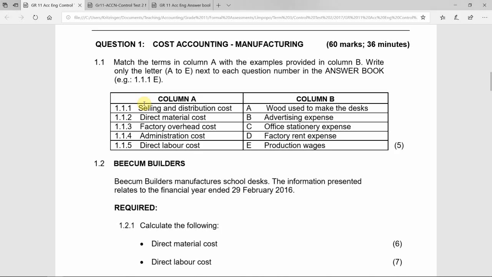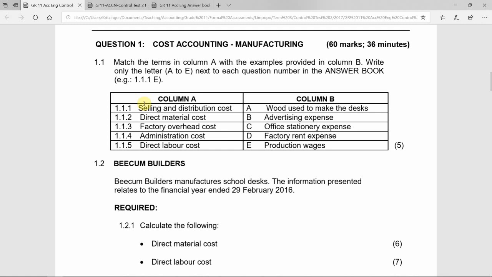Next we have factory overhead costs. So this is now costs that are not directly related to producing the product. So it's more your indirect costs. So it will exclude direct material and direct labor. So office stationery expense doesn't have to do with production, so C is not the option.